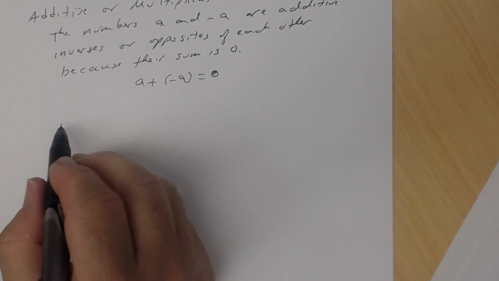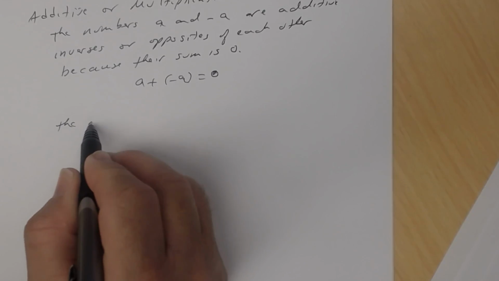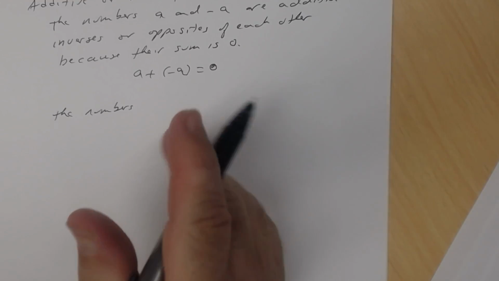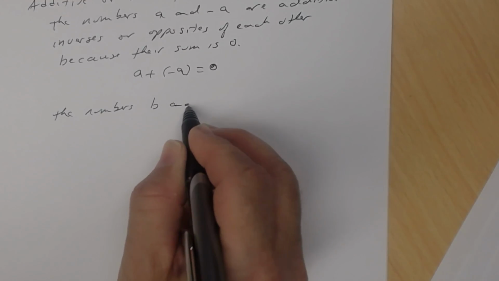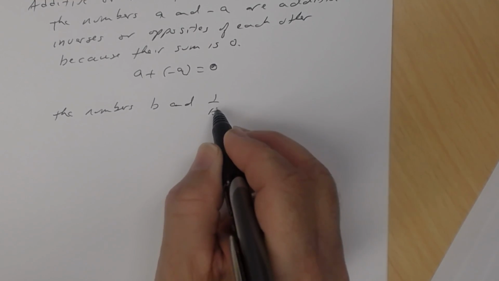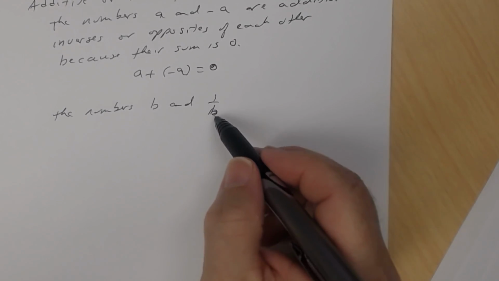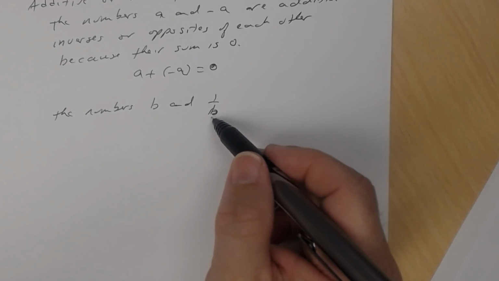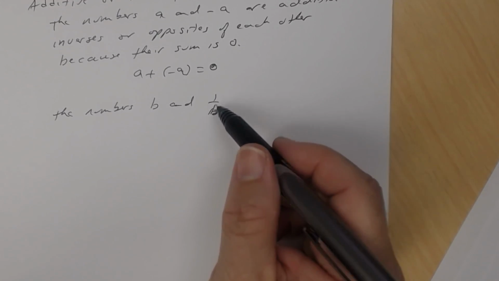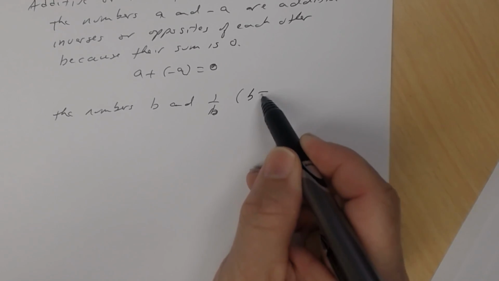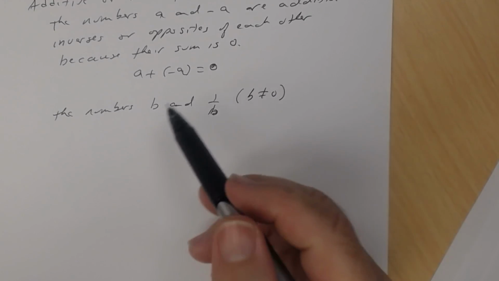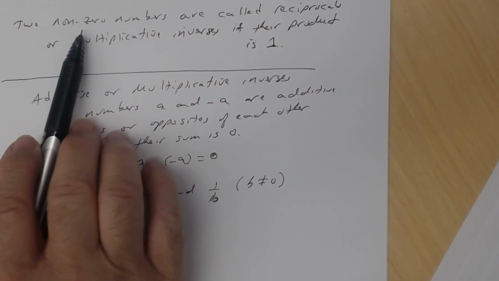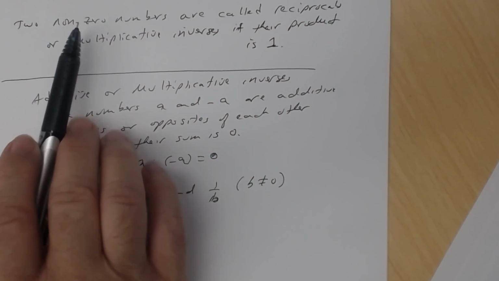All right, now let's talk about this. The numbers B and 1 over B. And remember, you see how this variable is in the denominator and you can never divide by 0. Remember, 0 can never be in your denominator. So I'm going to put this right here where B cannot equal 0. All right. So as long as these are non-zeros, remember, non-zero means any number other than 0.